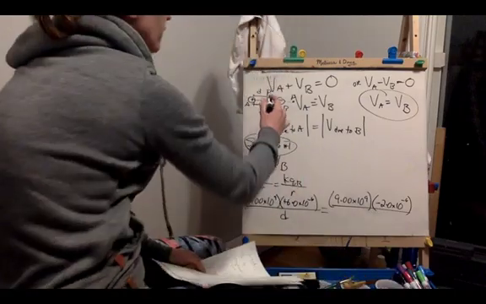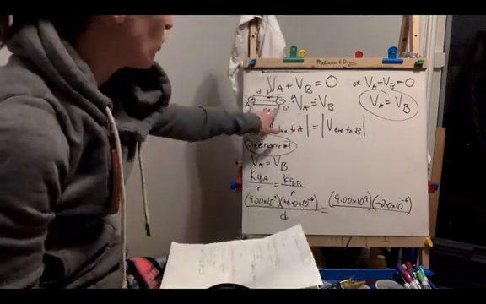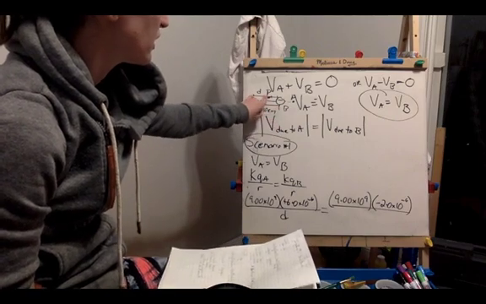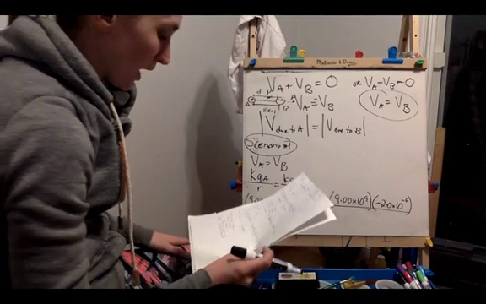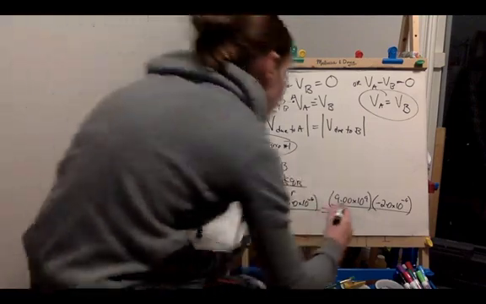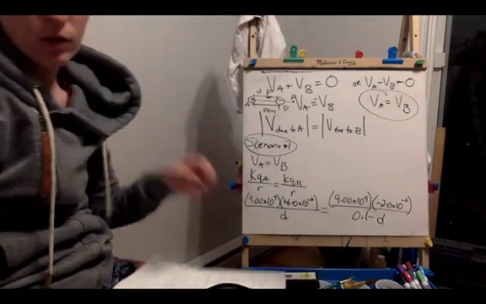And the distance here would be 0.1, so if this is 10 centimeters and this is D, this is 10 minus D, but we had to put it in meters, so it's going to end up being 0.1 minus D.